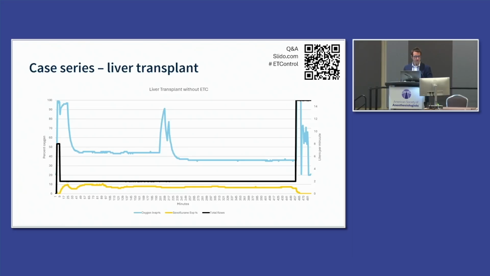The yellow line on the bottom there is the sevoflurane concentration. The black line is the flows per minute. And the blue line is the FiO2. So one thing you might wonder is why do the flows go up to 100% in the middle of the case?